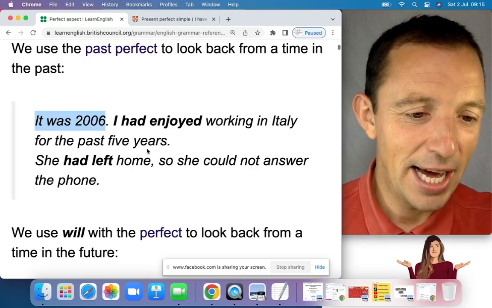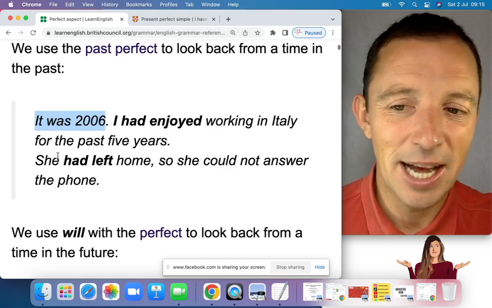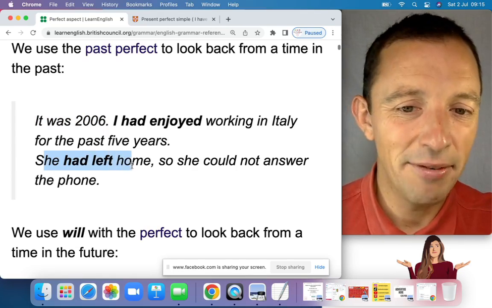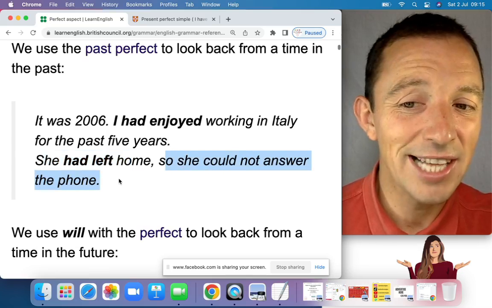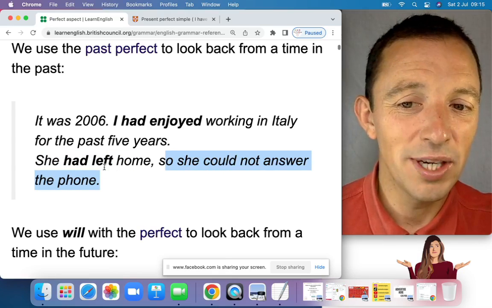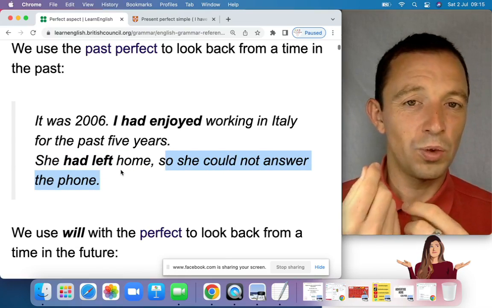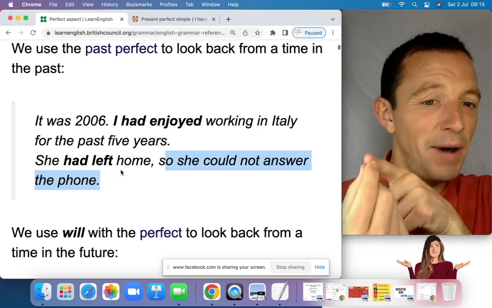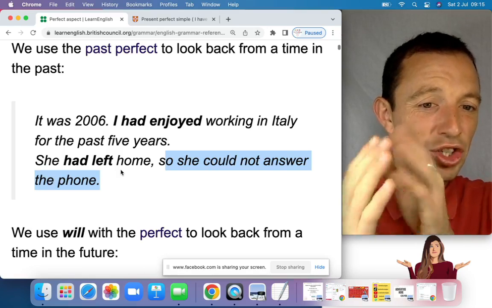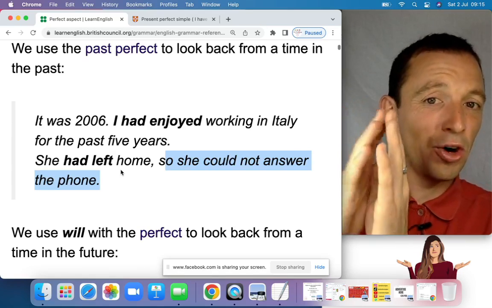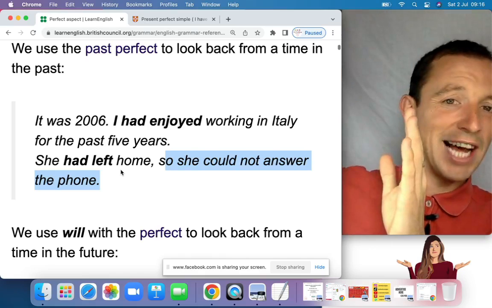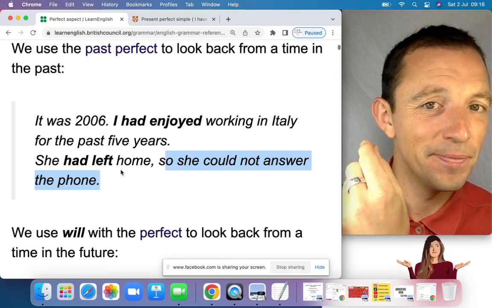Okay, and the next example, she had left home, so she could not answer the phone. So again, she had left home is the perspective in the past. That's the past perfect. She had left home. Therefore, we look back and she could not answer the phone from that moment.